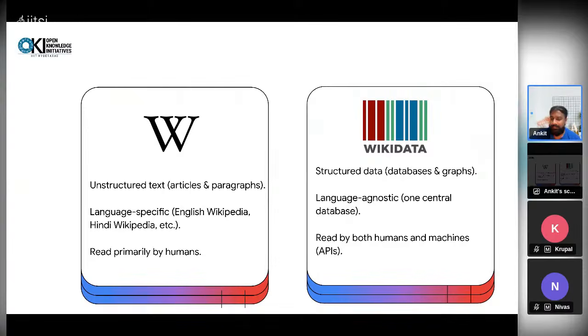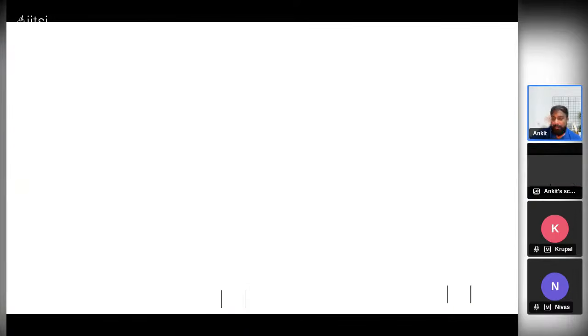Wikipedia is language specific. For example, if there is an English Wikipedia page and you click on a Tulu Wikipedia page, you will see a Tulu Wikipedia page. But Wikidata has a central repo which connects to all the other wiki pages. Wikipedia is primarily read by humans, whereas Wikidata is read by machines plus humans through APIs.